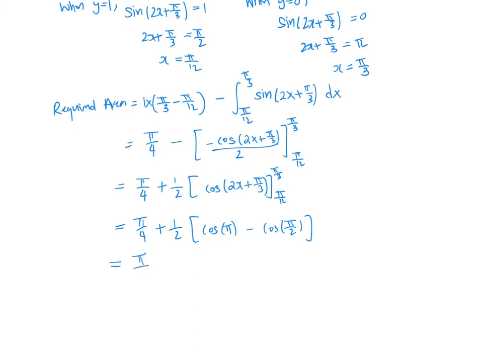So our answer will just be pi over 4 minus half, or we can leave it in 3SF, which is 0.285 unit square. Alright, so that will be our answer for question 3.